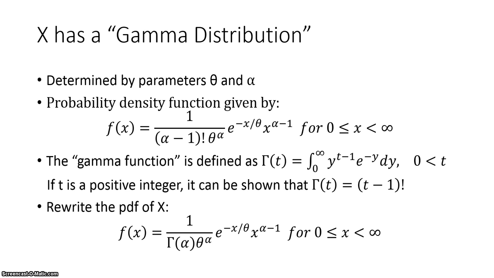And so we rewrite the PDF of x as f of x equal to 1 over gamma of alpha times theta to the alpha multiplied by e to the minus x over theta times x to the alpha minus 1 for values of x that are greater than or equal to 0. And so this is how we usually see the gamma distribution written with the gamma function. It's how we get our name of the distribution.